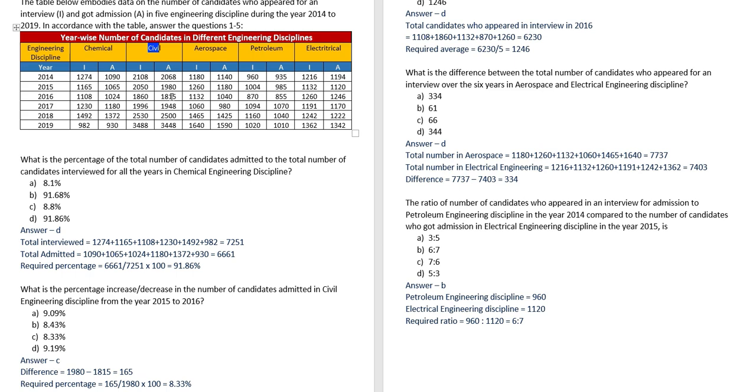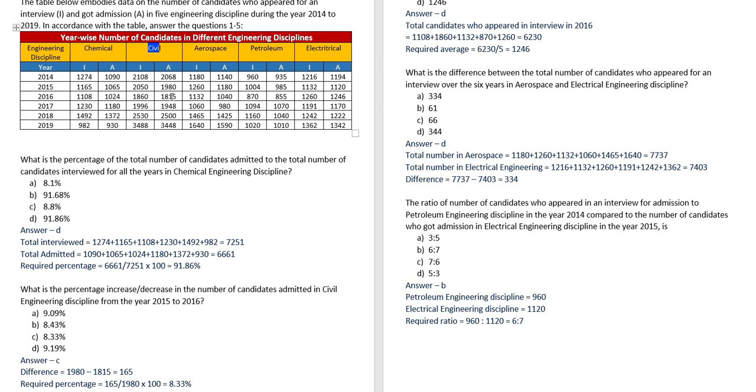1980. There is a mathematical trick you have to keep in mind: whenever you calculate any percentage, in the denominator you always take the base value. Here they are asking from 2015 to 2016, so the base year, the starting year, is 2015.